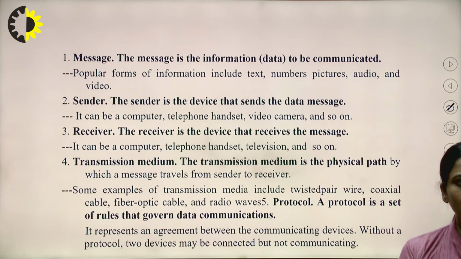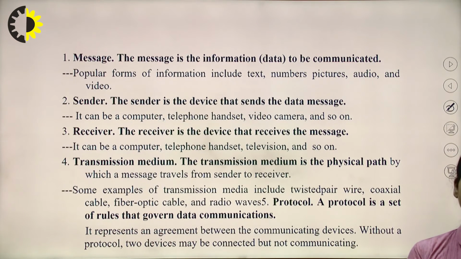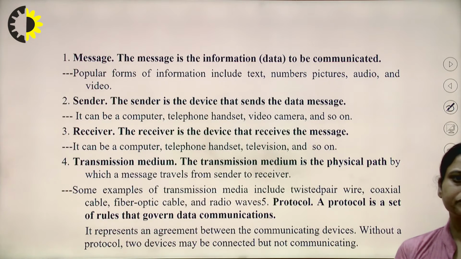Now, the next component is the transmission medium. Transmission medium may be a wired medium or a wireless medium, because there are two types of transmission medium used for connecting the network. One is the guided media and the second one is the unguided media.